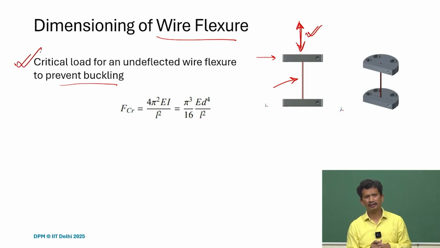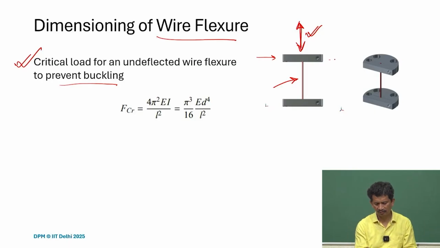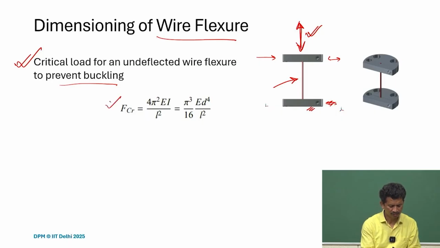When we look at the setup, we realize that it's guided. It's not simply supported or free, but both ends can just move like this if there is a small change, and this can be fixed. So under those conditions, what is the critical load?